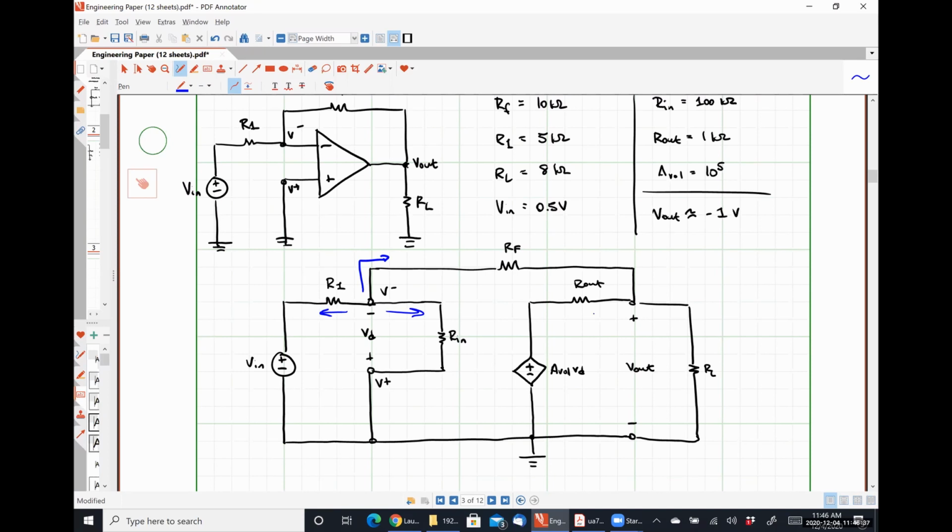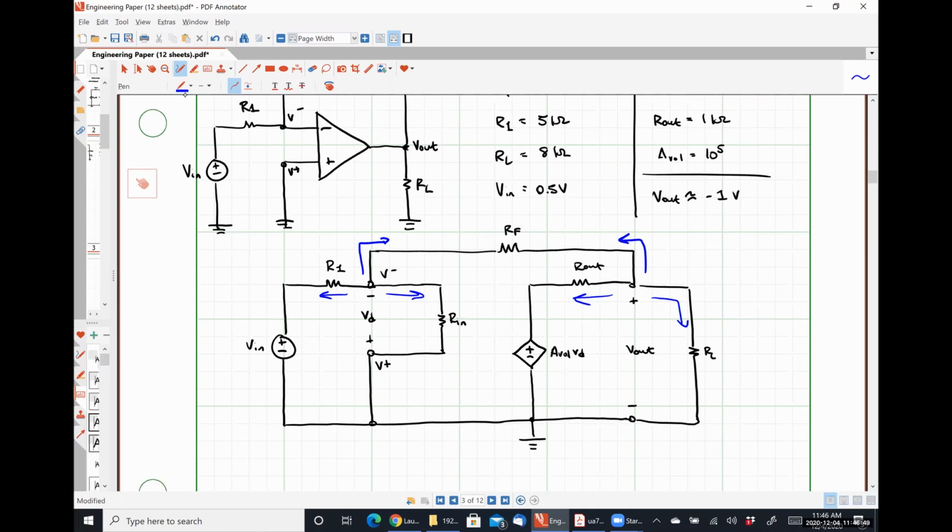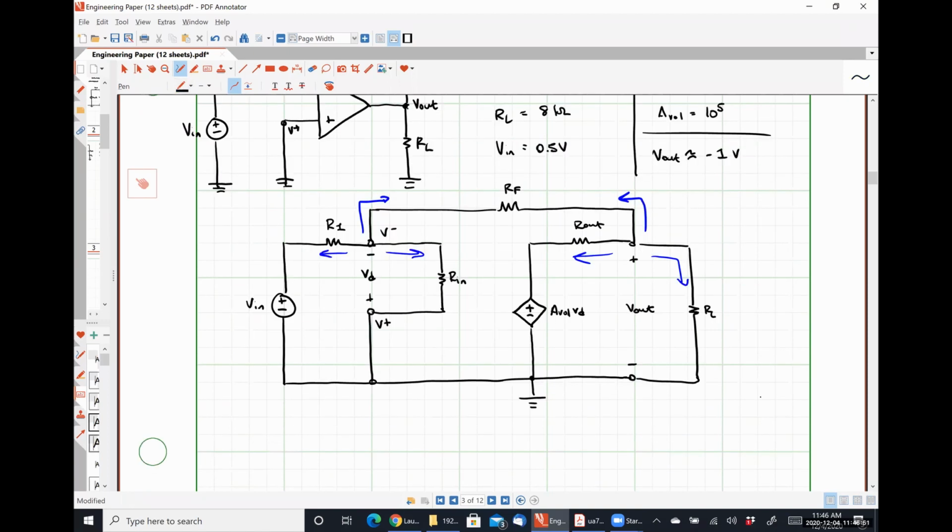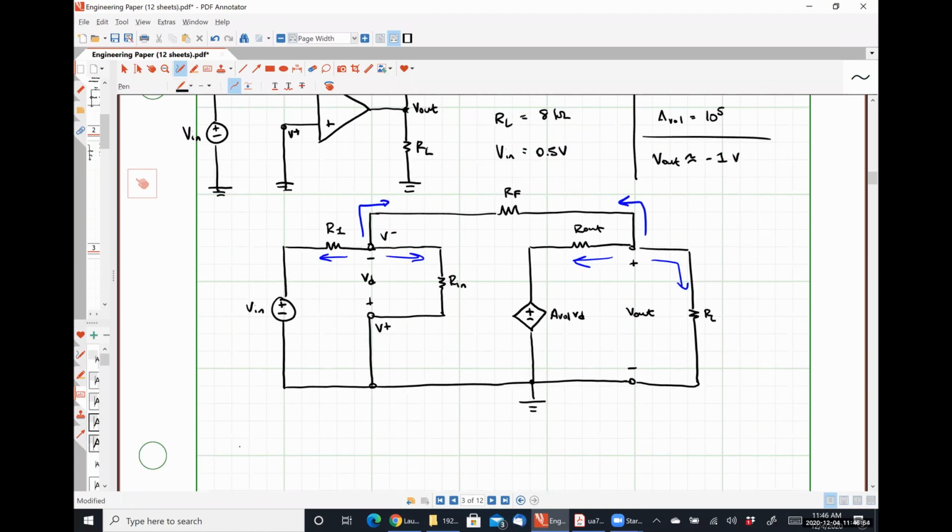And then we're also going to have to do one here at the output terminal, and that should be enough information for us to solve for V out, right? So we apply KCL at node V minus.